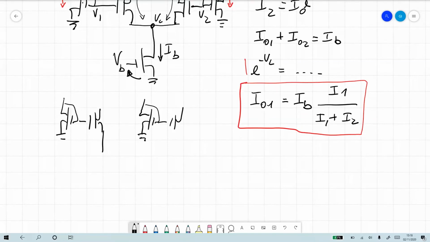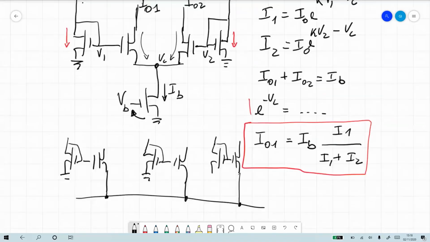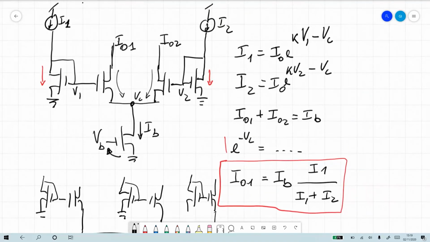One question: the formulas you wrote for I1 and I2, is that I1 out and I2 out, or I1 and I2? Sorry, I didn't understand the question. Could you please repeat? Yeah, the formulas that you've written for I1 and I2, are they for I1 and I2 or I1 out and I2 out? The equations on the top here are for the input I1, so this current here is I1.